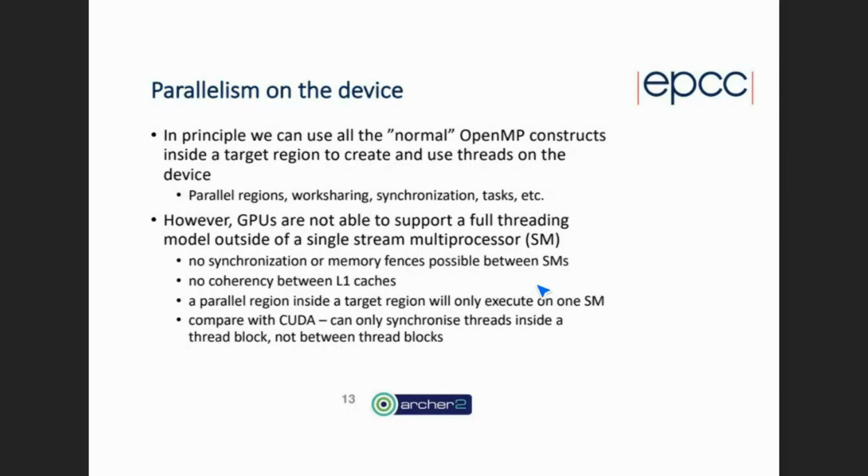They have their own level 1 caches, but they're typically not kept coherent. That means that a parallel region inside a target region can only execute on one of these SMs. If you're familiar with CUDA, this is the same idea: you can really only synchronize threads inside a thread block and not between thread blocks.